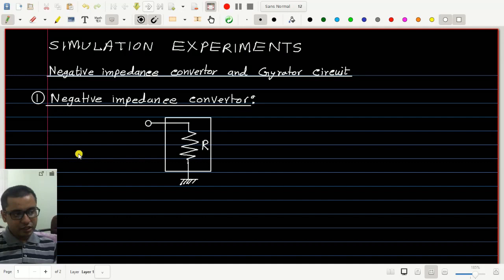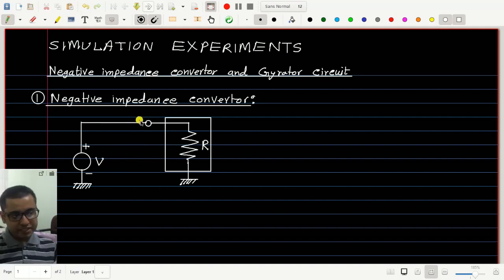For that, we can take a voltage source with known voltage V plus minus and connect the negative terminal of the voltage source to the common ground, and the positive terminal is connected to the input of this black box circuit.